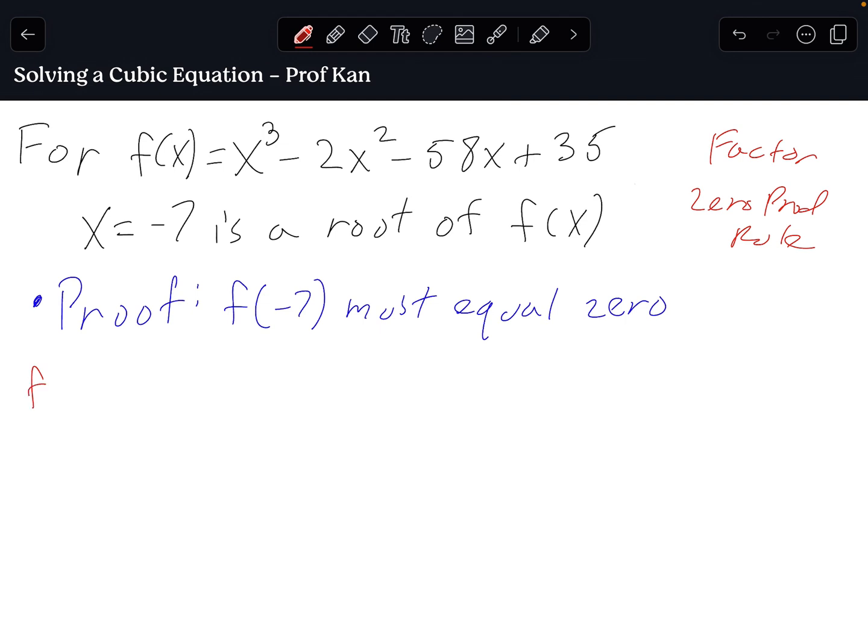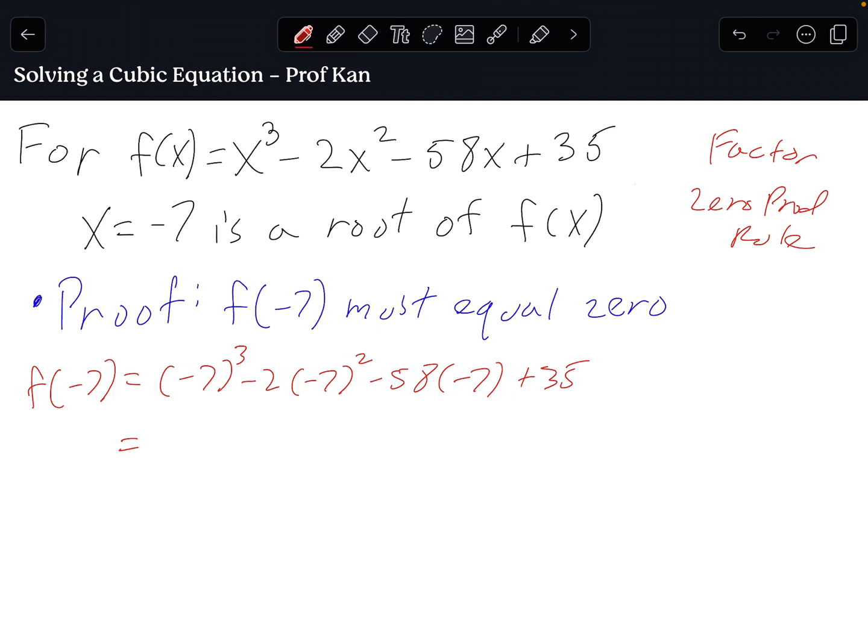So let's evaluate f of -7. That's going to be equal to -7 to the third power minus 2 times -7 squared minus 58 times -7 plus 35. This is our original f of x with -7 plugged in for all of x's.